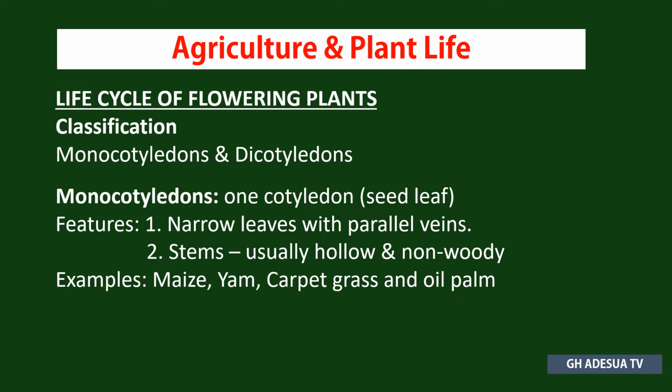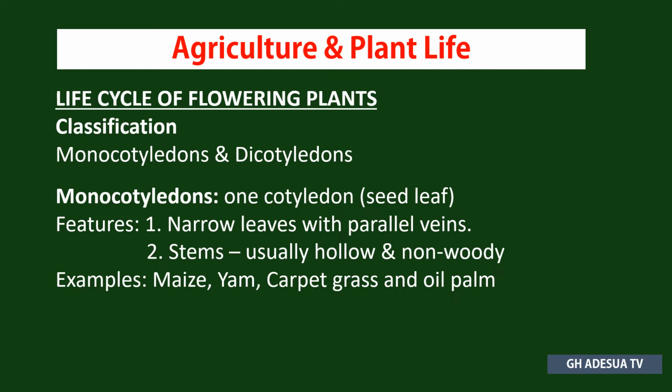So let's look at flowering plants. In flowering plants, you can have monocotyledons and dicotyledons. The monocotyledons have one cotyledon, that's a seed leaf, and the dicotyledons, like we said earlier, have two seed leaves. Monocots have narrow leaves with parallel veins. If you take, for example, the maize plant, it has narrow leaves, and the parallel veins run along the narrow leaf, like a cutlass.